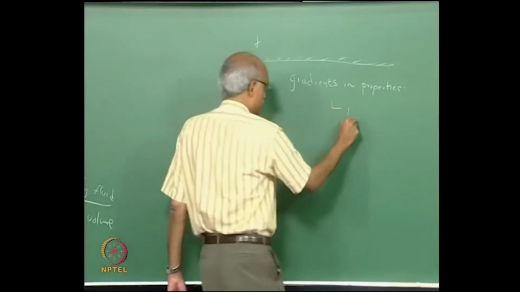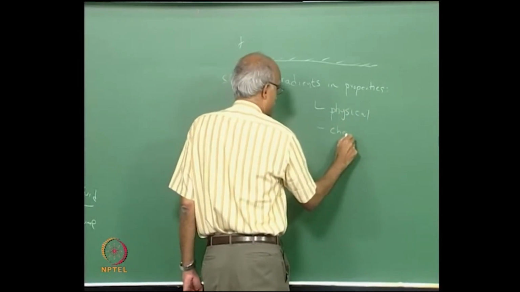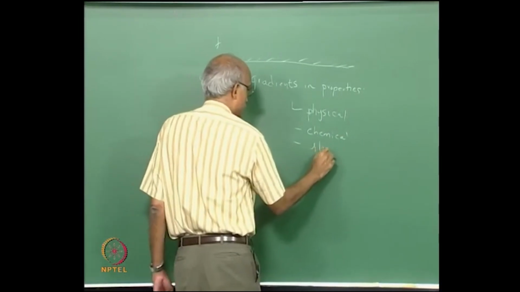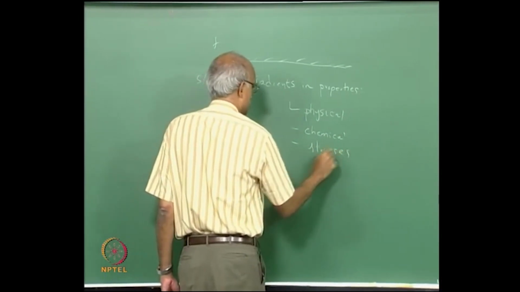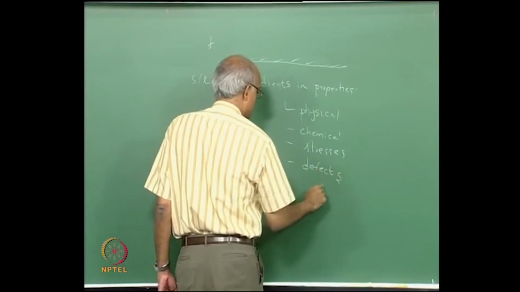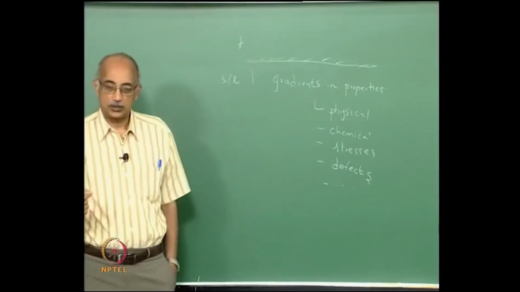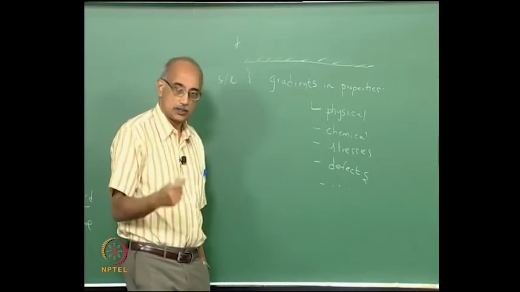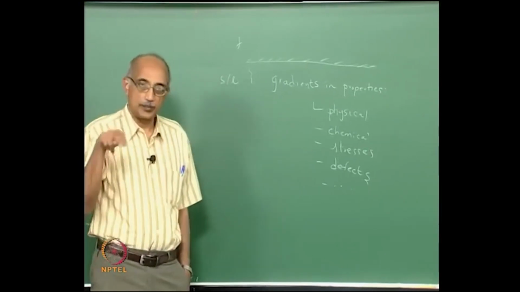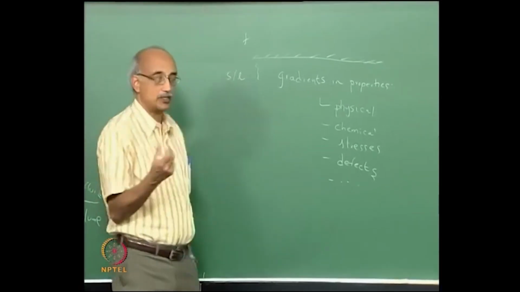Physical properties, chemical properties such as composition, stresses, defects, etc. Virtually any parameter that you use to characterize a surface will show a gradient as you penetrate further into the particle, and that is immaterial of how fine the particle is.